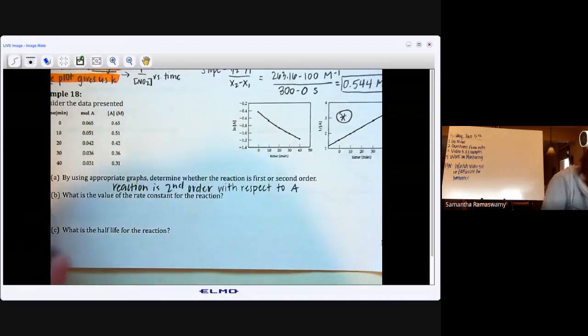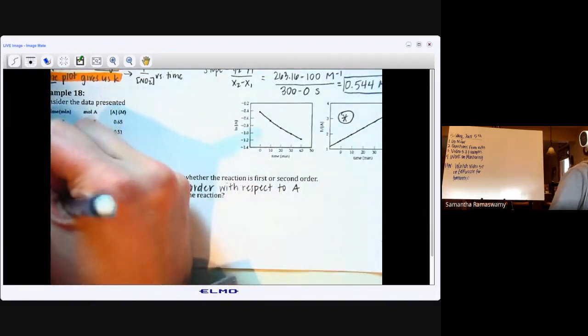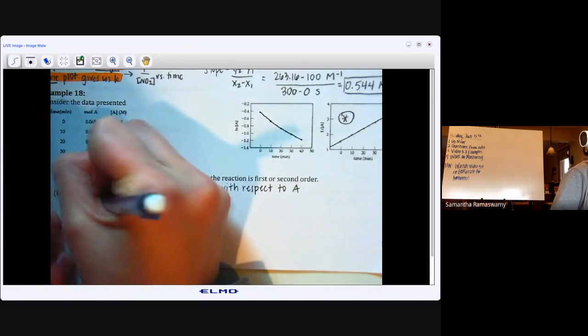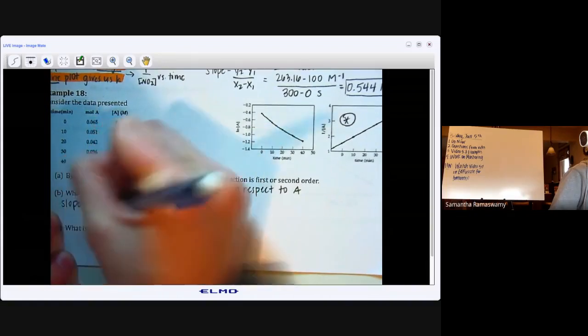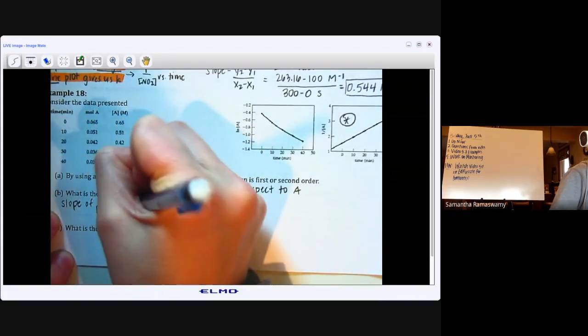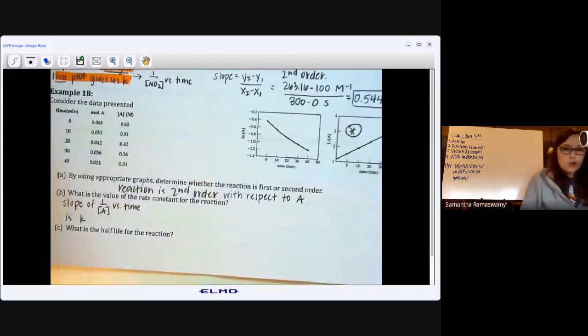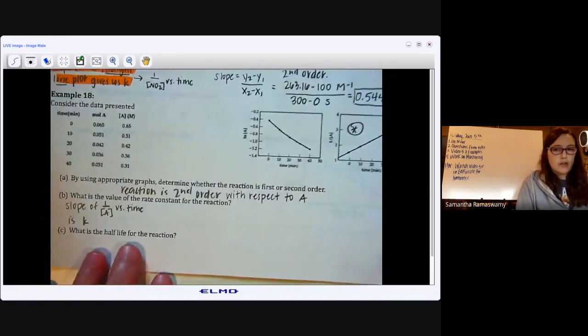So the value of the rate constant, remember, means that we're looking at the slope of the 1 over concentration of A versus time graph.